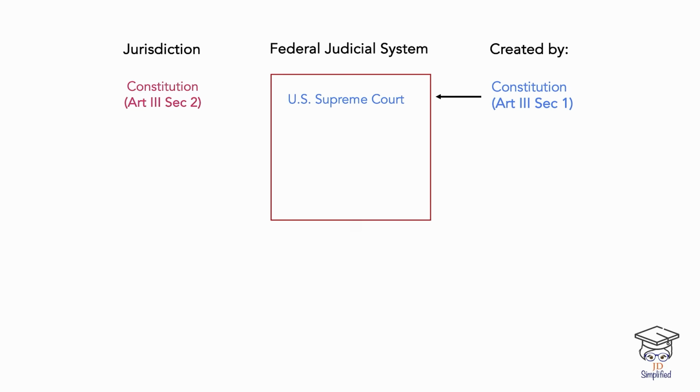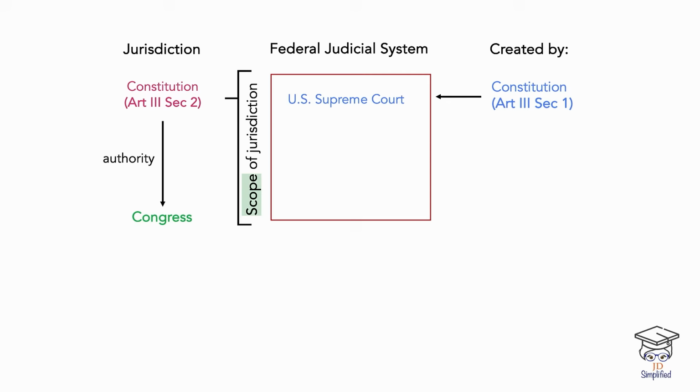And if we look at Article 3, Section 2, we see it actually establishes the scope and foundation of federal question jurisdiction in general. It denotes the range as a whole, the reach of federal jurisdiction among the federal judiciary, meaning the U.S. Supreme Court and inferior courts Congress establishes. So the Constitution gives Congress authority to create lower federal courts and determine their jurisdiction within the scope granted by Article 3, Section 2.